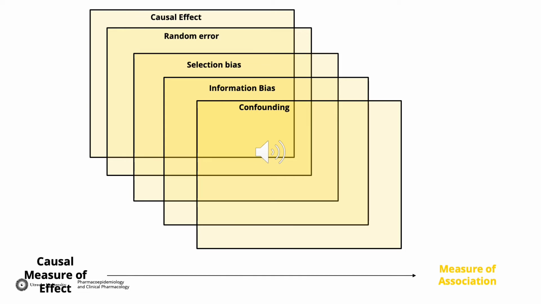So I hope that's clear, that ultimately our goal is to calculate cause and effect relationships, but when we introduce error into our study design, or there's error present in our study, then it moves us closer to a measure of an association, which can be close to a measure of effect, or can be way off if the study is very, very biased.